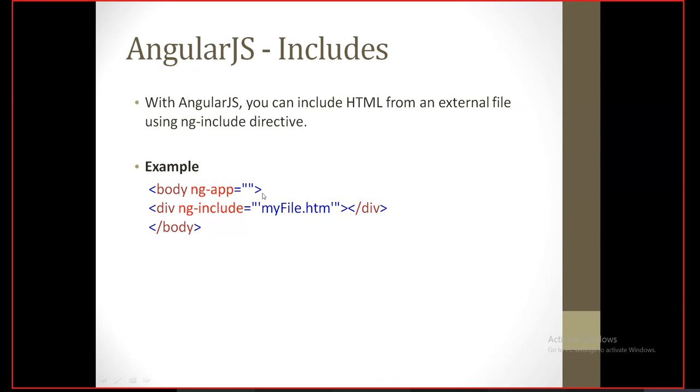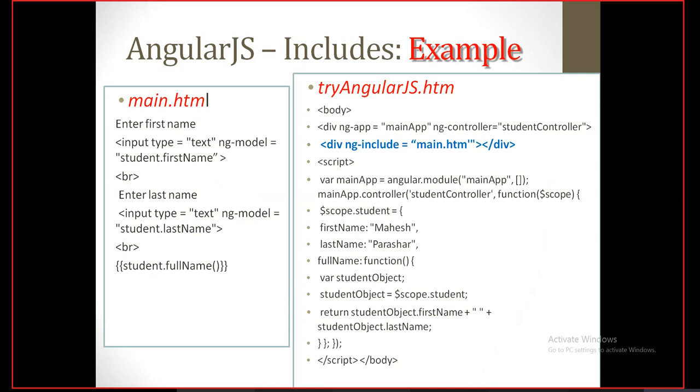Very obvious. Here you can see we are referring to an external HTML file, myfile.html. This is an example of the includes directive where we have a form, basically an input field, and we are referring to the HTML document's data from this particular form.